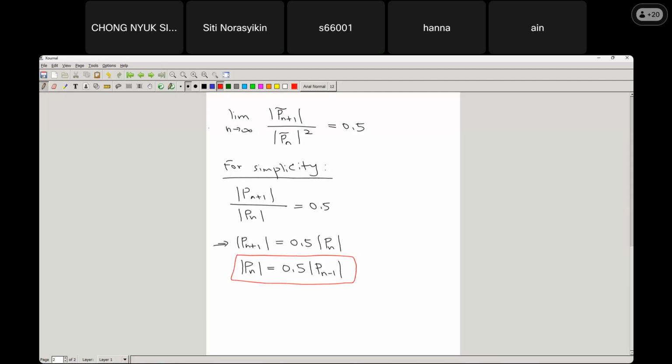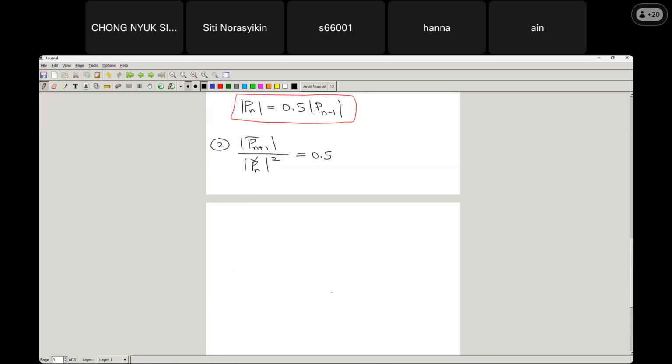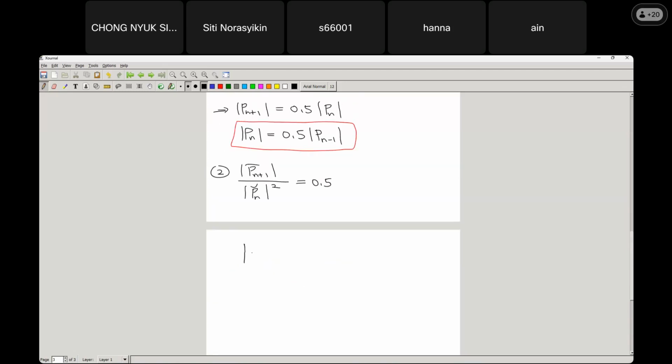Second information: Pn+1 tilde divided by Pn tilde squared is equivalent to 0.5. From here, we have the absolute value of Pn+1 tilde equal to 0.5 Pn tilde squared.